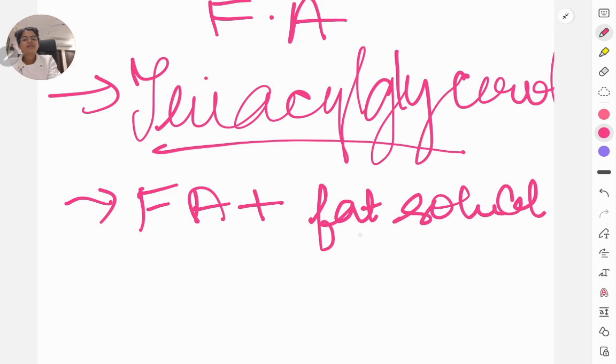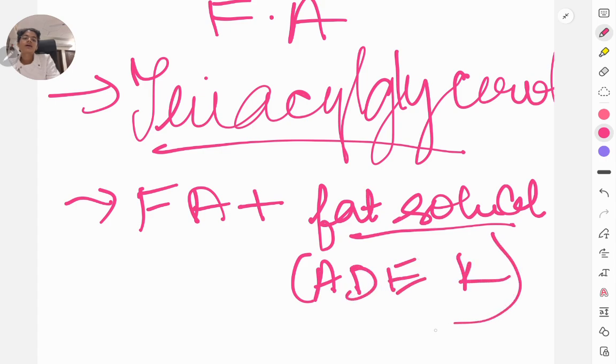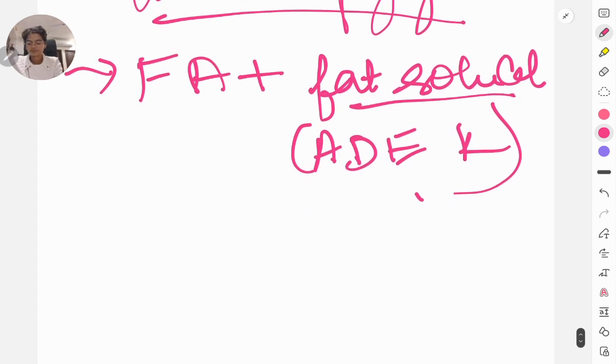Now we know that vitamin B and C are water soluble. The remaining ones, A, D, E, K, all of them are fat soluble.